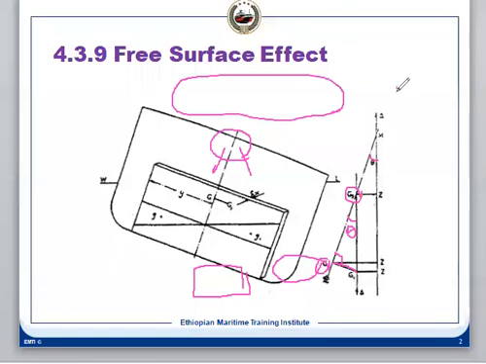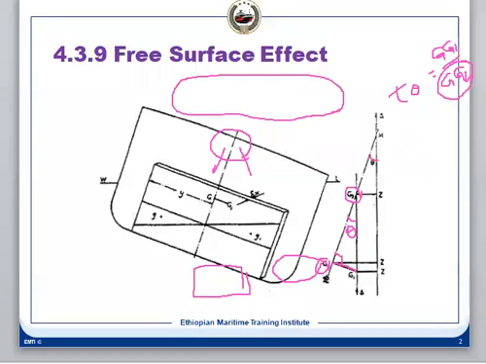So we can write tan theta is equal to G1 divided by G2. And what we are interested in finding out is the reduction in GM, that is the effect of the free surface effect.